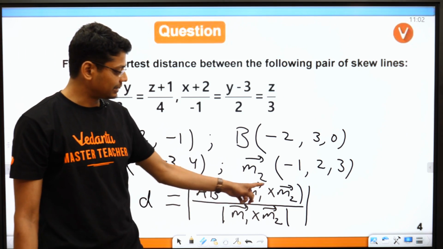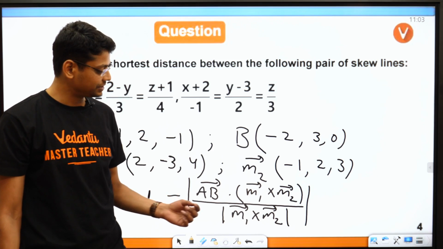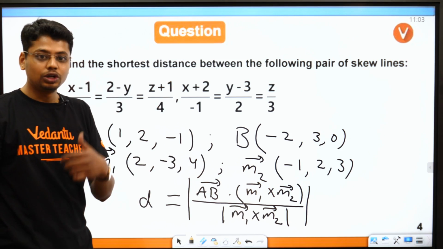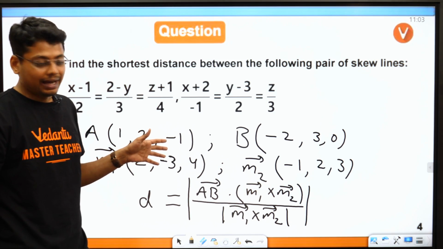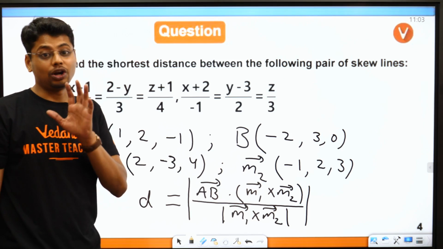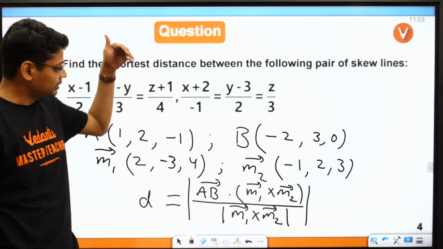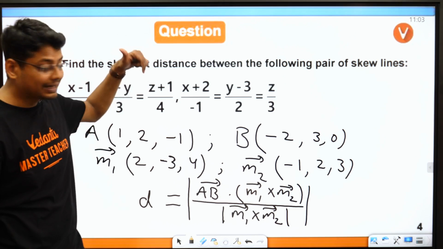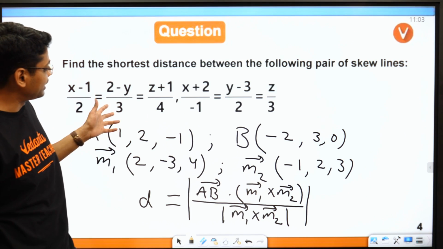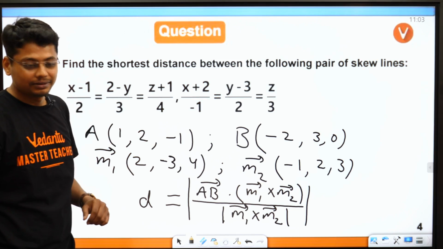So basically m1 vector cross m2 vector, for explanation's sake, this vector is perpendicular to both the lines. So the shortest distance would lie along the perpendicular line, along a line which would be perpendicular to both these lines.